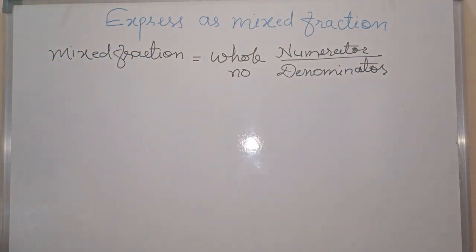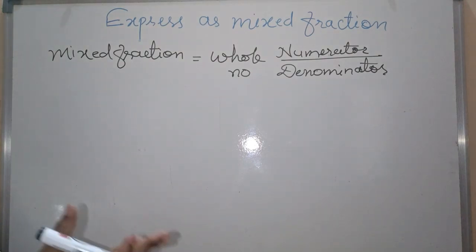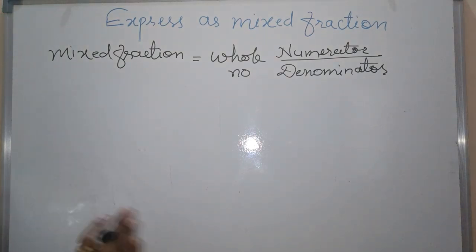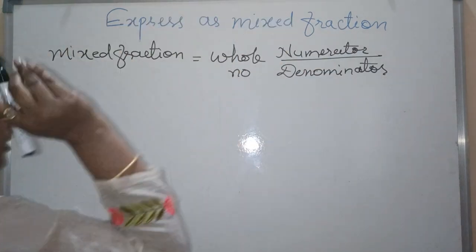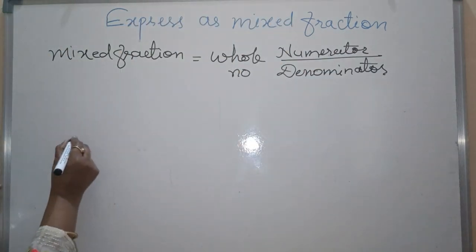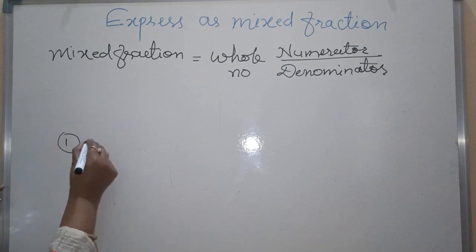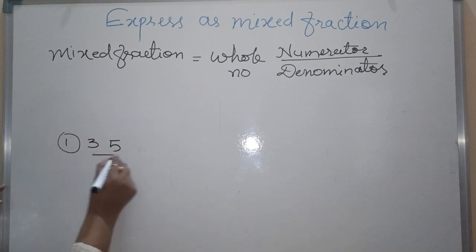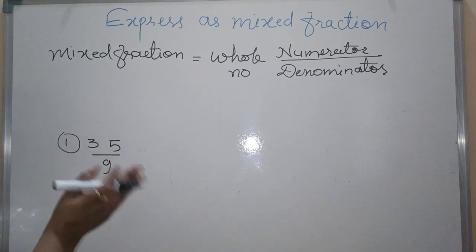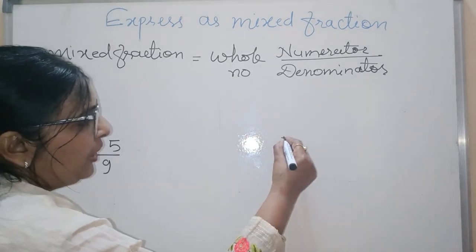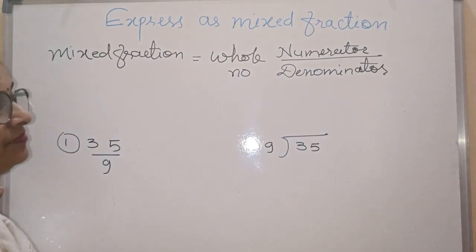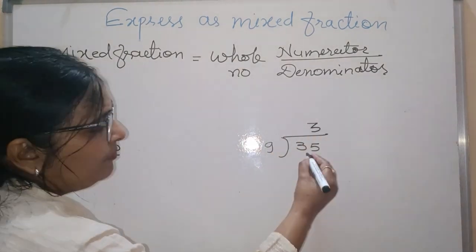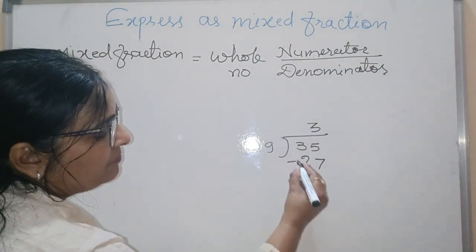Let's take an example, then it will get clear how to express improper fraction as mixed fraction. So I am taking here one example, 35 by 9. Divide this 35 by 9. 9 threes are 27.